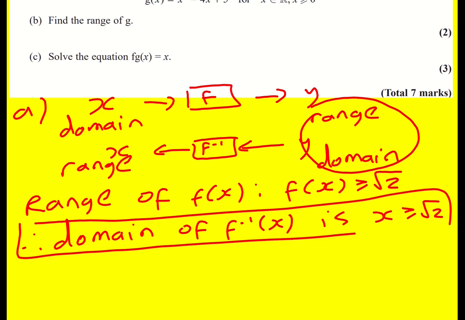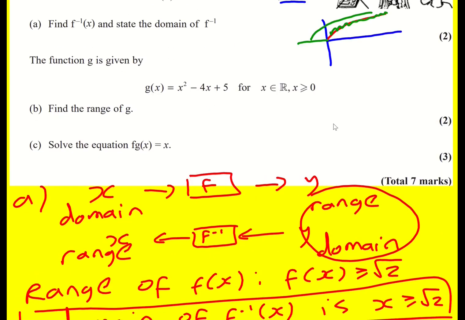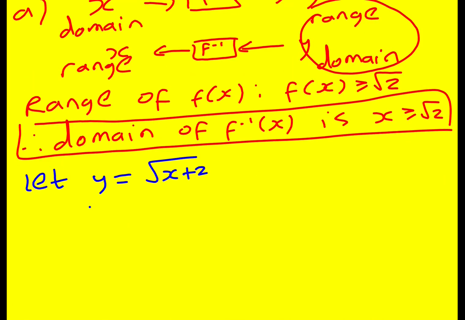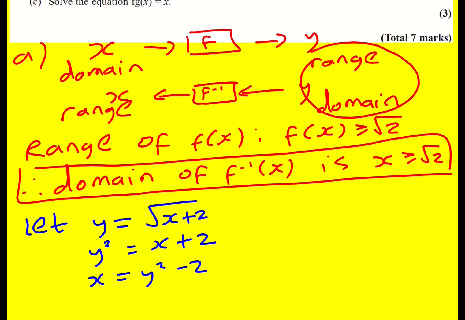Now, I've not actually found what this inverse function is. So I'm going to let y equal root x plus 2. Instead of using f of x, I'm just going to use y. And I want to make x the subject. So y squared is equal to x plus 2, and therefore x equals y squared minus 2. That is how you get back from y to x.